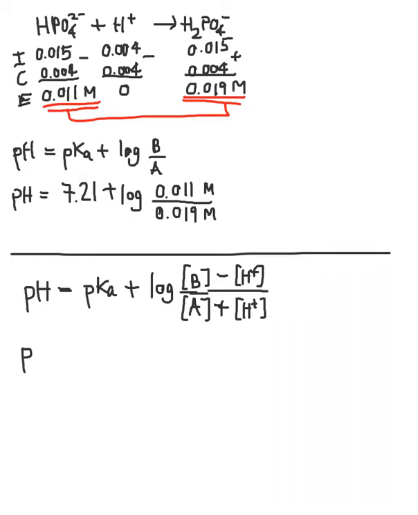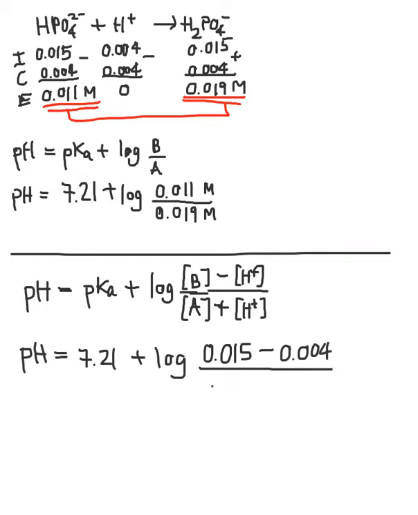So your pH will be equal to 7.21 from the pKa, and then log. What you will plug in here is the concentration before the reaction. So it would be the concentration of HPO4 2-, which is 0.015 minus 0.004, divided by 0.015 plus 0.004 here.